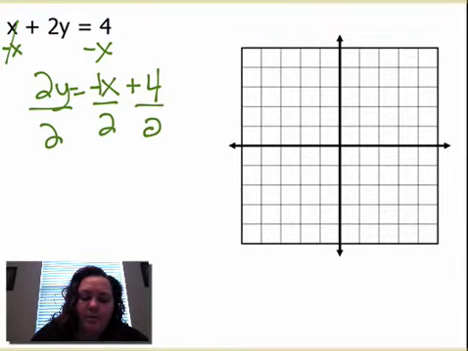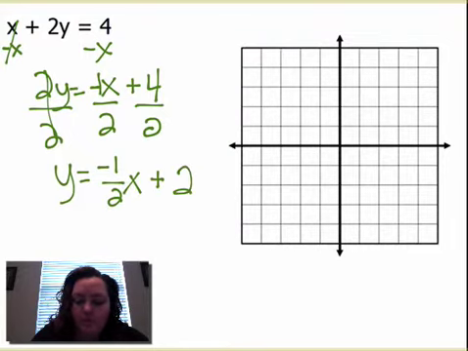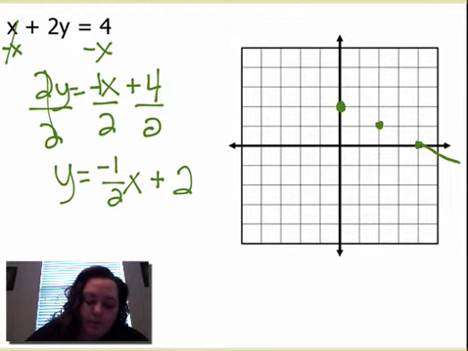The x doesn't have a number in front of it, so I'm going to squeeze a 1 in there. These cancel, and I get y equals negative 1/2 x plus 4 divided by 2 is 2. So now my y-intercept, where it's crossing the y-axis, is at positive 2. My slope is negative 1/2, so I'm going down 1 over 2. And I'm going to plot another point, down 1 over 2. And once I have that, I can draw my line.